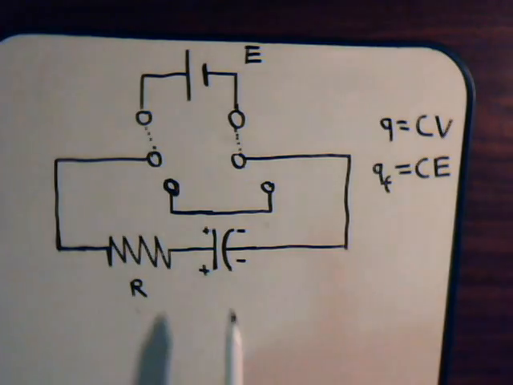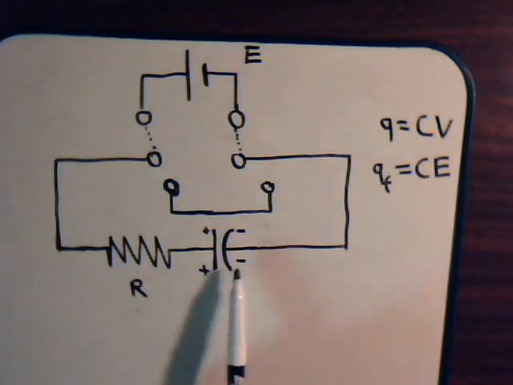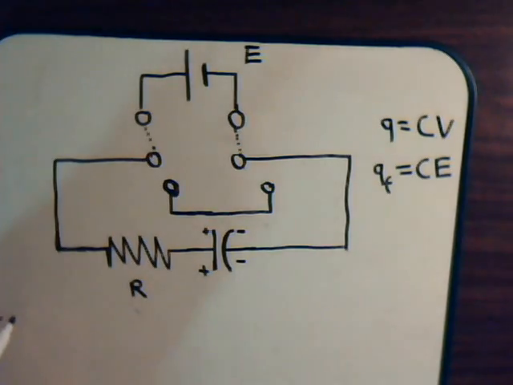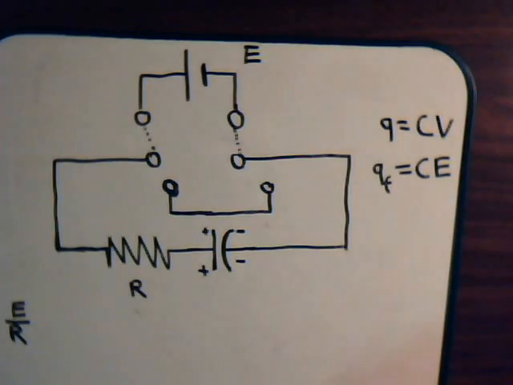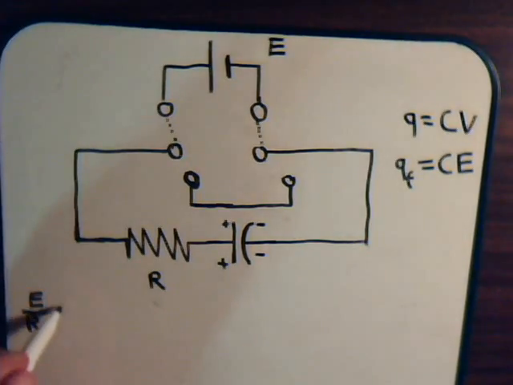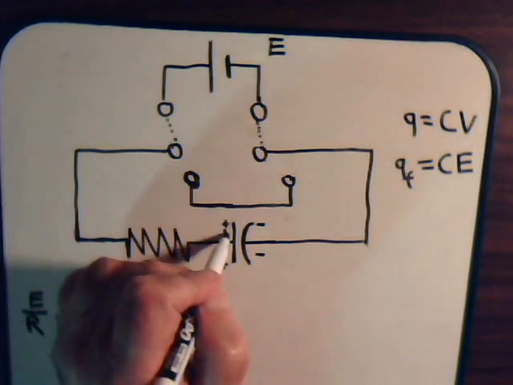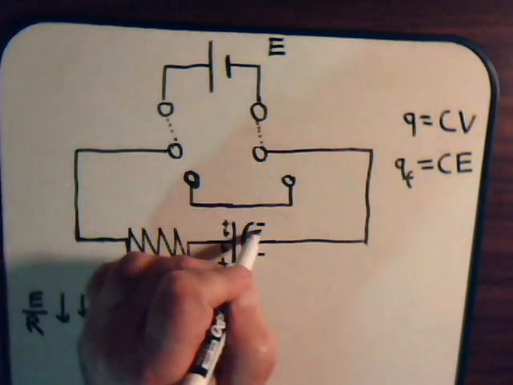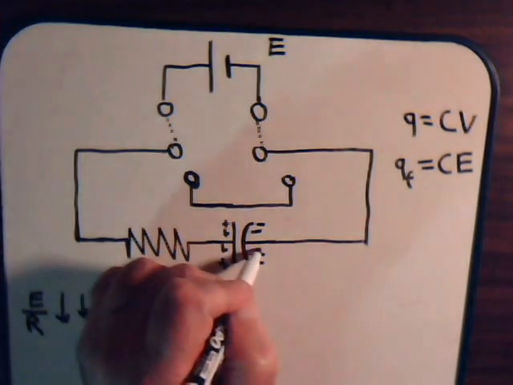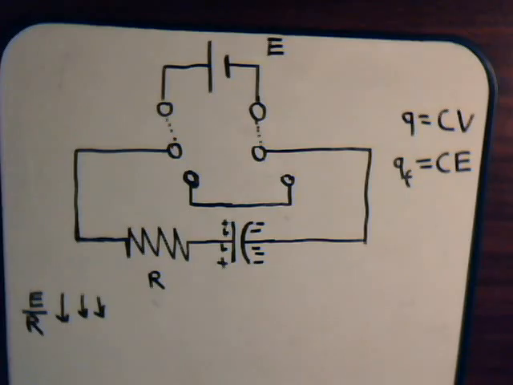So as more and more charges accumulate, this voltage accumulates. So the voltage across the capacitor keeps resisting the battery voltage. Therefore, the magnitude of the current keeps decreasing until this voltage, the capacitor voltage, equals the battery voltage, and then the current is just zero.